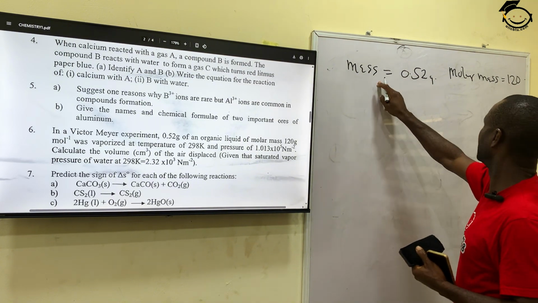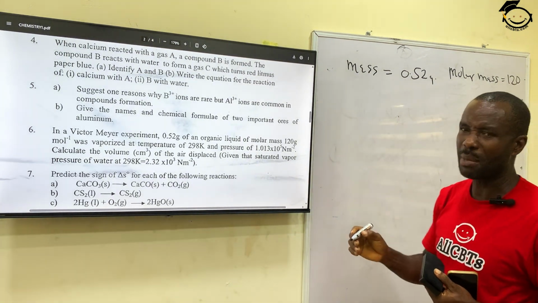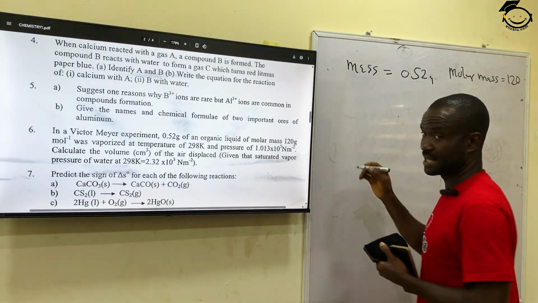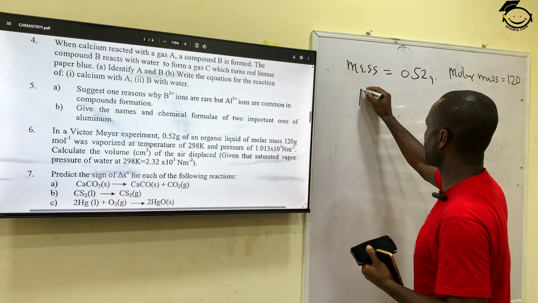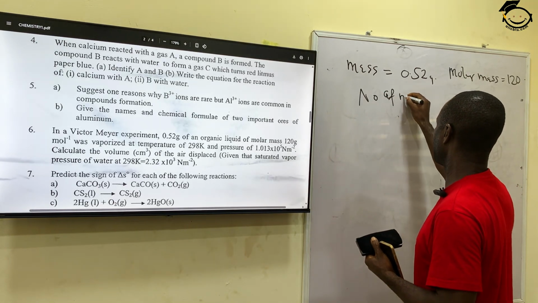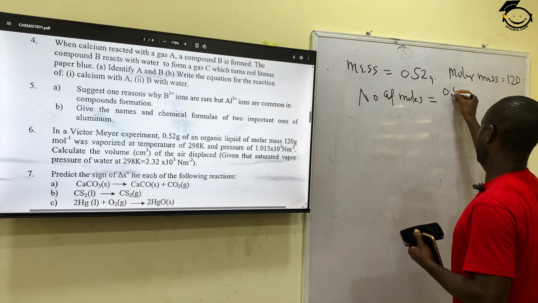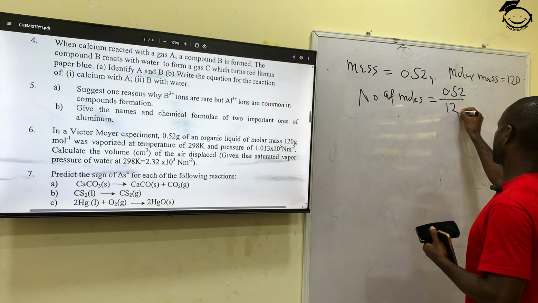From here, we can easily find the number of moles of this substance, because number of moles is mass over molar mass. So the number of moles of this substance equals 0.52 over 120.